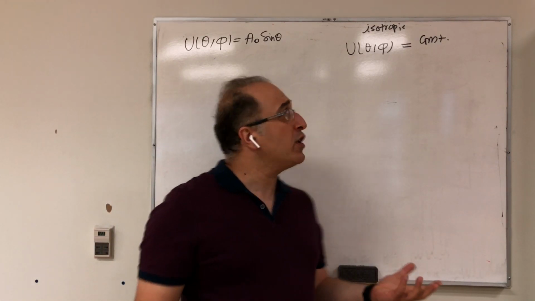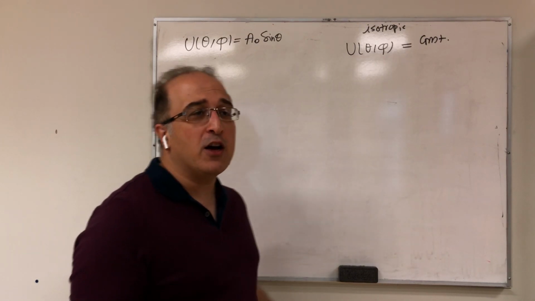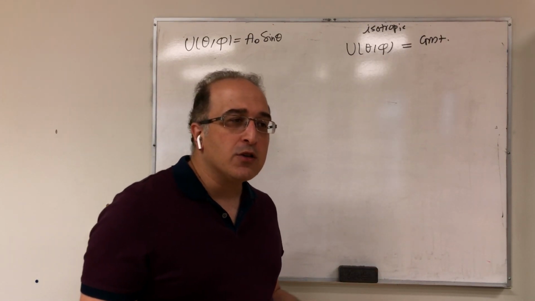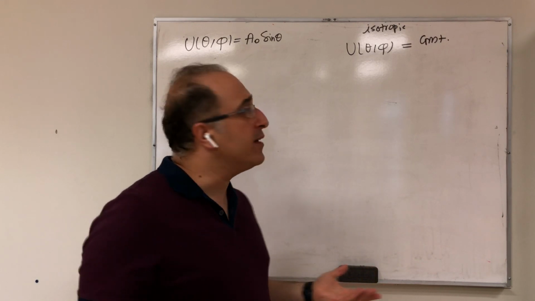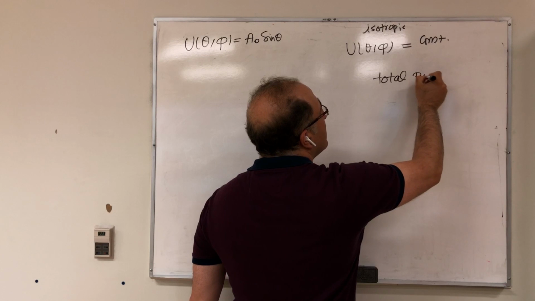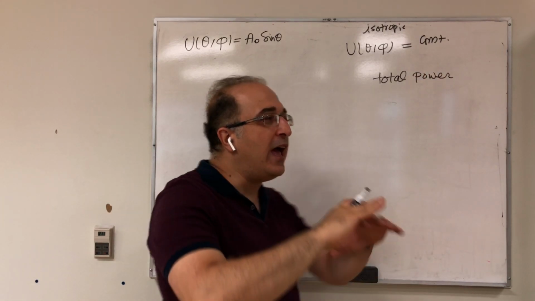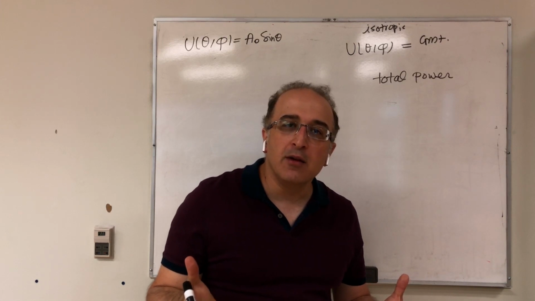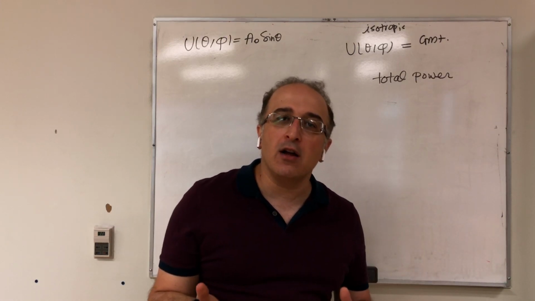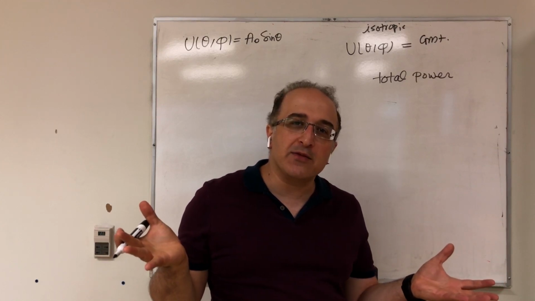So what would be u(theta, phi) of an isotropic antenna? You ask, what is the total power that the isotropic antenna radiates? Then you need to equally distribute that between all the solid angles. How much total solid angle do we have on a sphere?